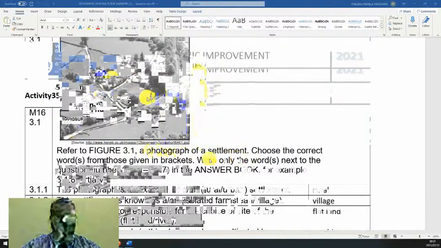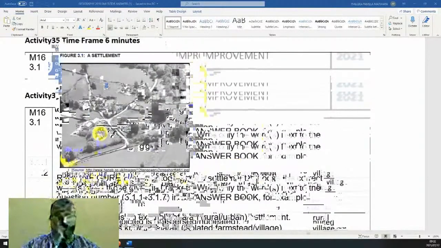Now people, it's important to read. Choose the correct words from those in brackets. Only write the word next to the answer. So for example, if question 3.1.8, the answer is tertiary, you only write down the word tertiary. Right. The photograph is an example. Is it rural or is it urban? Let's have a look. It's definitely rural.